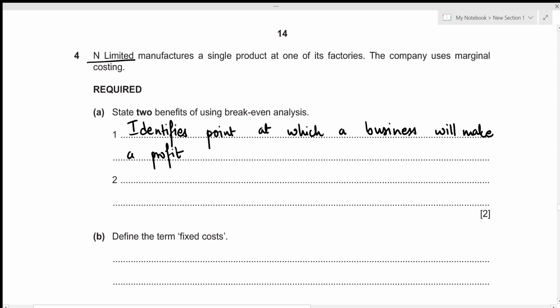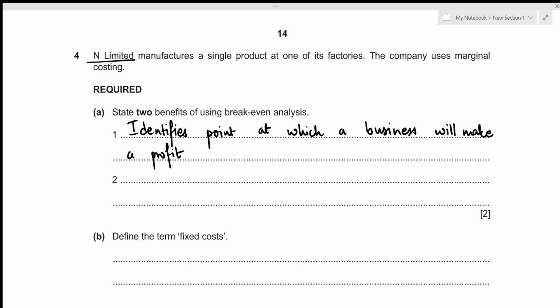And then the second advantage would be that it helps in understanding the risk involved in a proposed manufacture, right? So we can easily figure out the break-even point, which gives the number of units that we have to sell in order to reach a profit-making point. So if that number of units is pretty high, then that product would be quite risky because we do not know whether the customer would be willing to buy such high numbers, right?